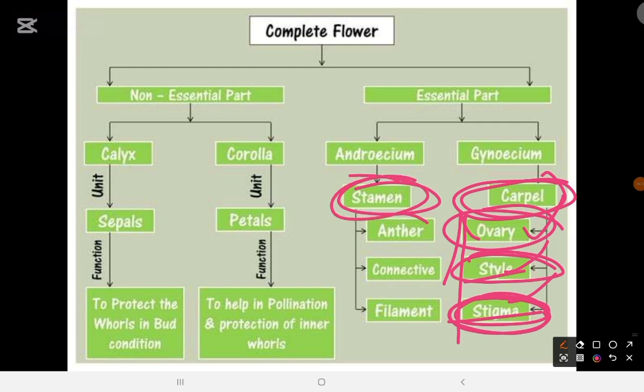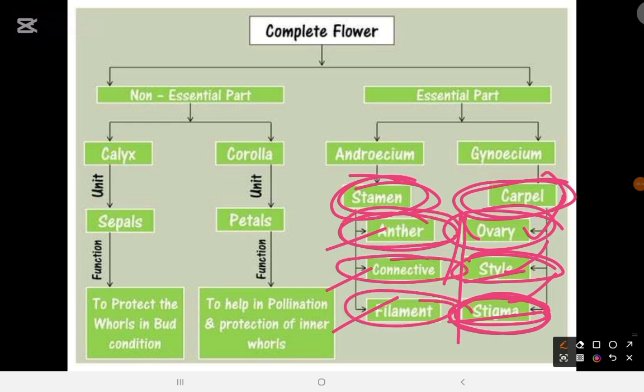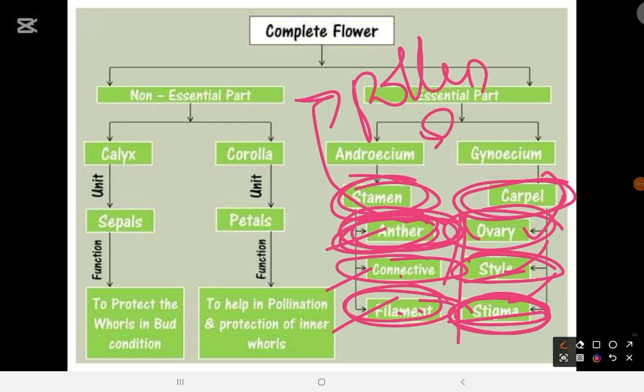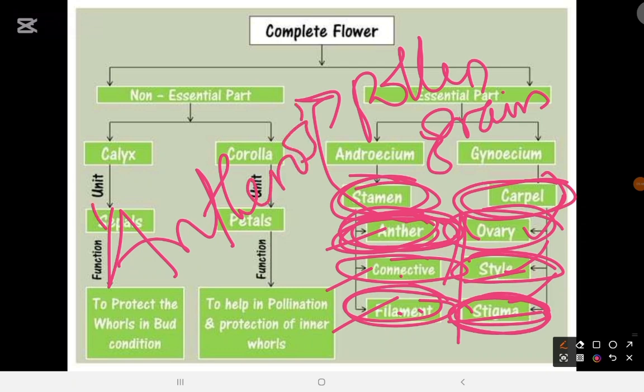The stamen consists of the anther, the connective, and the filament. The connective is the portion that connects the anther and the filament. The filament bears the anther, and the anther bears the pollen grains, which are embedded in it. The word anther comes from the Greek word anteros, meaning to bloom like a flower.